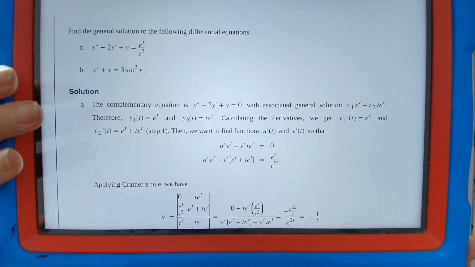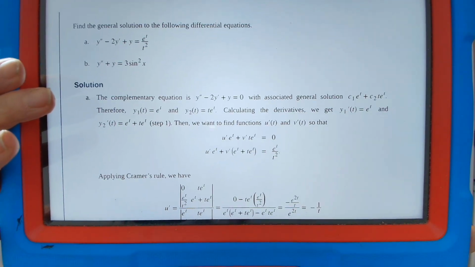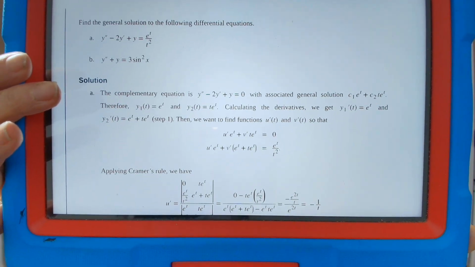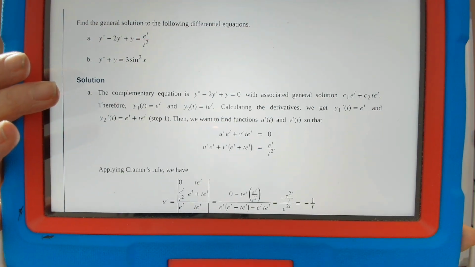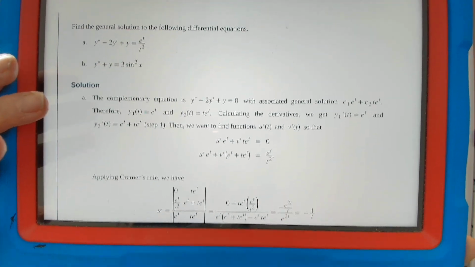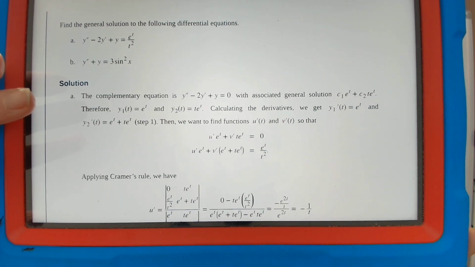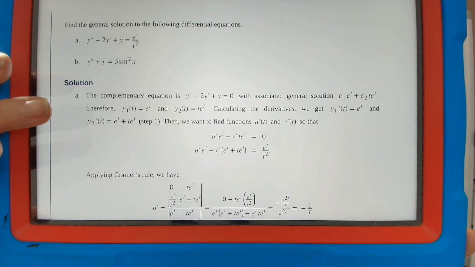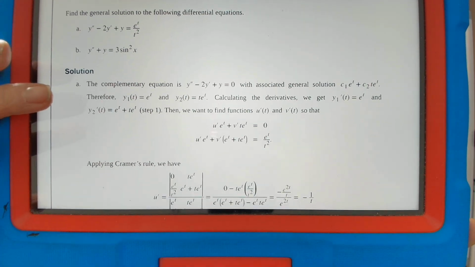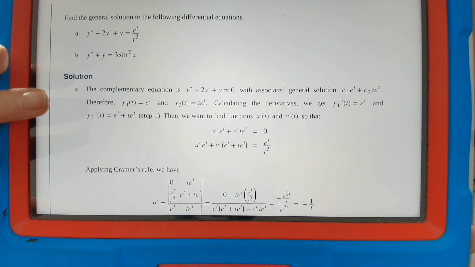So what we're going to do is first, we calculate the solution for the complementary equation where it equals 0, and that gives us something like C1 e^t and C2 t e^t. And then we know what y1 and y2 are, those corresponding things.